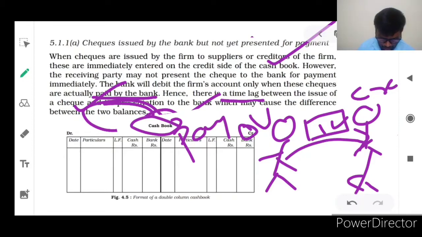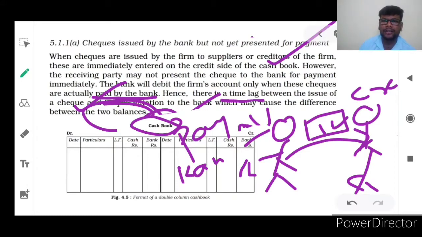There is a cash column and a bank column. So under the bank column, you will write the amount 1 lakh rupees, because you gave a check worth 1 lakh rupees to your creditor. The creditor's name is Kannan. For Kannan, you wrote a 1 lakh rupees check. But Kannan did not present the check immediately to the banker for collection.